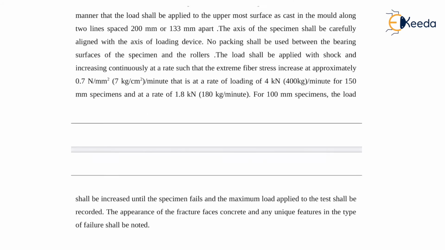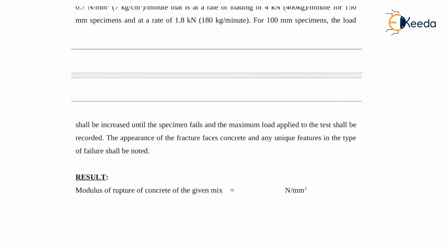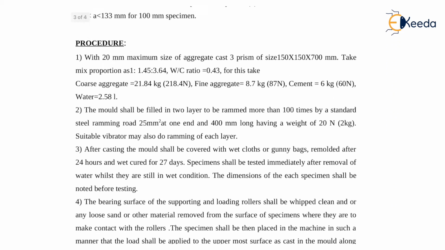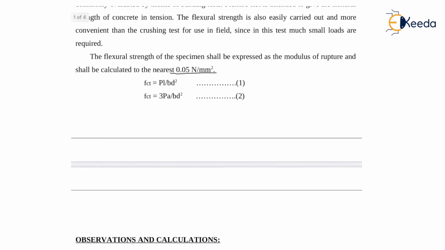The load shall be increased until the specimen fails, and the maximum load applied to the specimen shall be recorded, that is P. The appearance of the fracture face of concrete and any unique features in the type of failure shall be noted. And in the result, we have to write down the modulus of rupture of concrete of the given mix by using the above two formulas. That is PL upon BD square.